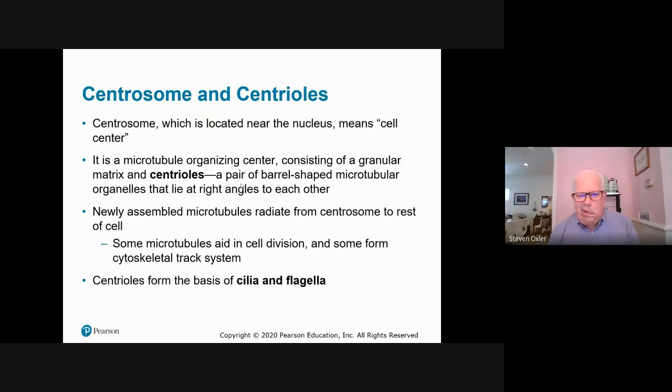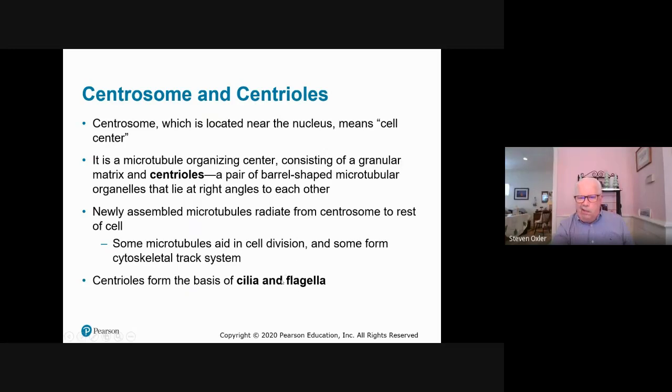The important thing is that the centrosome and the centrioles all have to do with movement. And the two things that they form, in big, bold letters, are cilia. Cilia are hairs in your respiratory tract that get rid of dust and bacteria by movement. And the other is flagella. Flagella is the tail of the sperm.